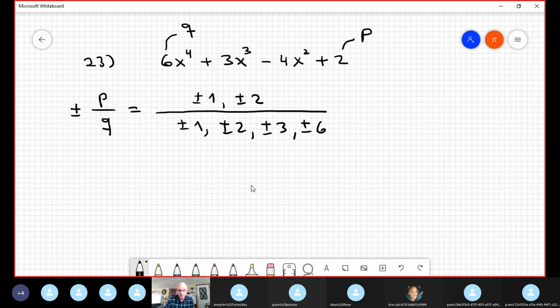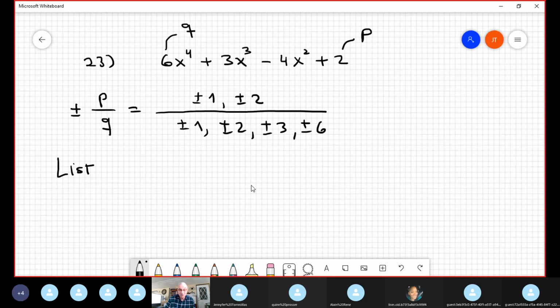The shortcut or the mnemonic is you multiply like that. 1 times 6 is 6, 2 times 3 is 6. Okay, always plus or minus. See, I create the list of the potential zeros, for example, I like this way.